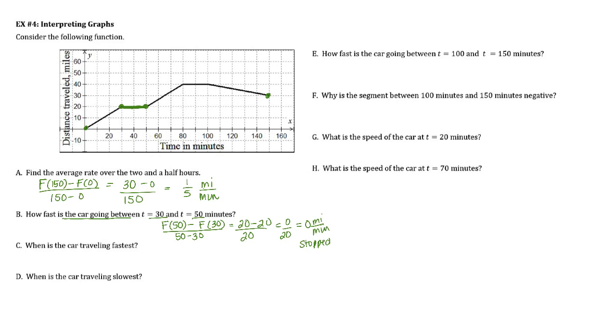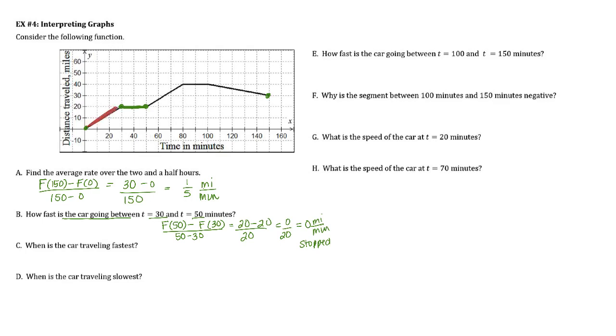Now, when is the car traveling the fastest? So, a couple of ways you could think about when the car's traveling the fastest. The best way I would expect would be looking at the graph. Let's look for some crazy slopes. When I say crazy slopes, I mean just some real steep, something going on like this.